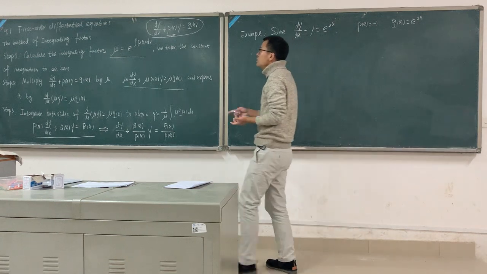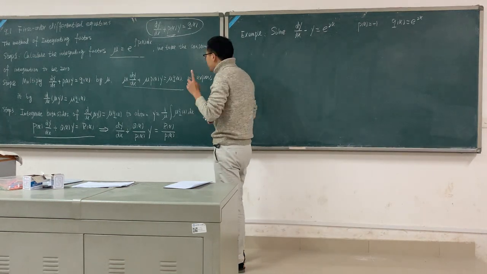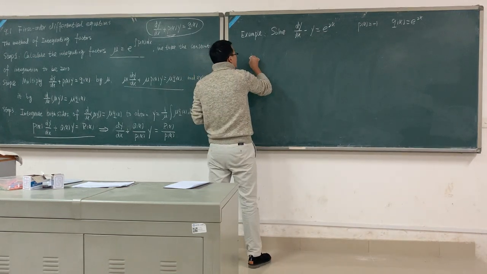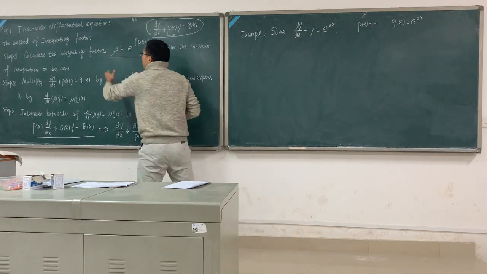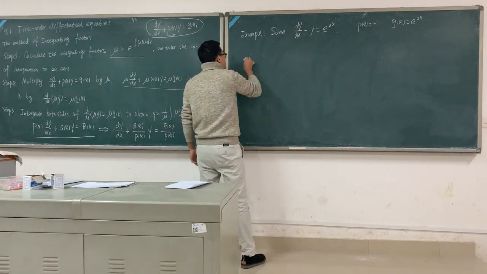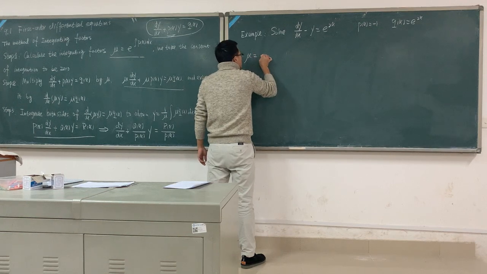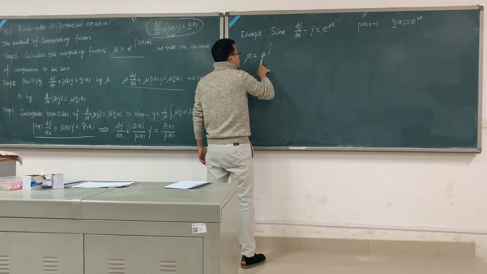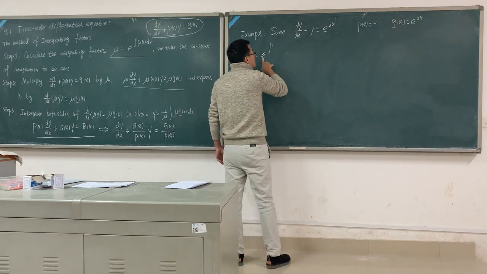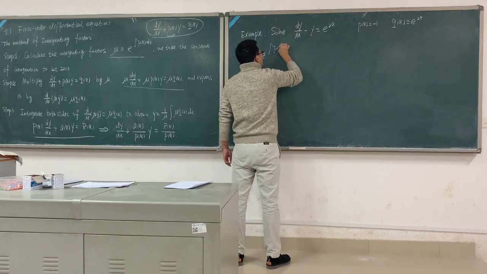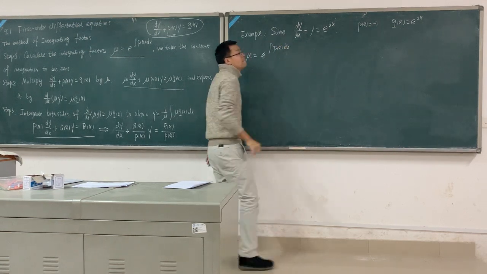So here we use this method. The first step is we need to find the integrating factor. The integrating factor mu is e to the power of the antiderivative of p(x) dx.